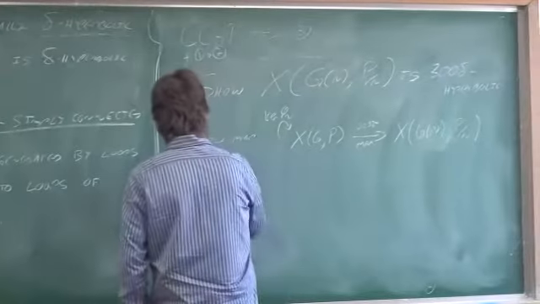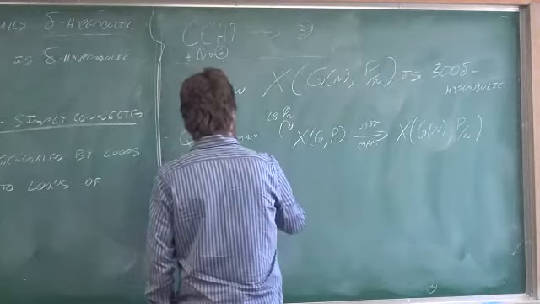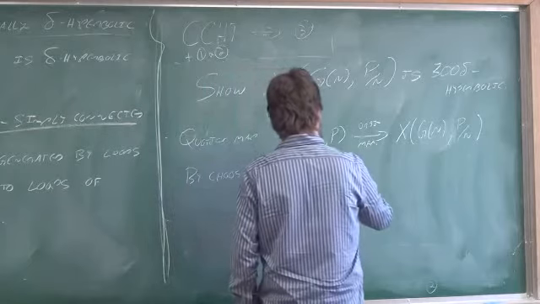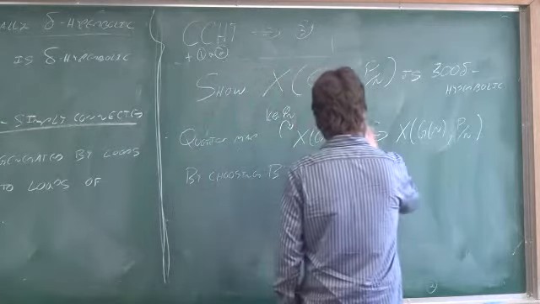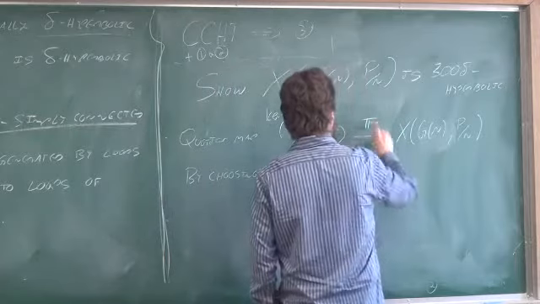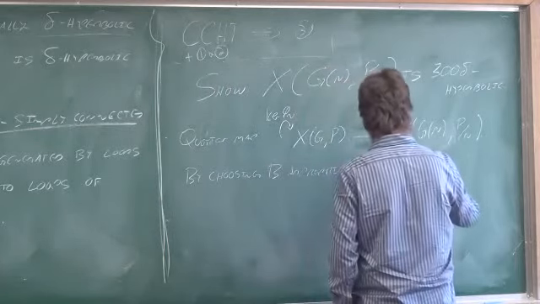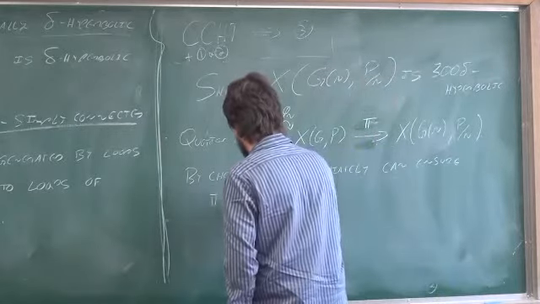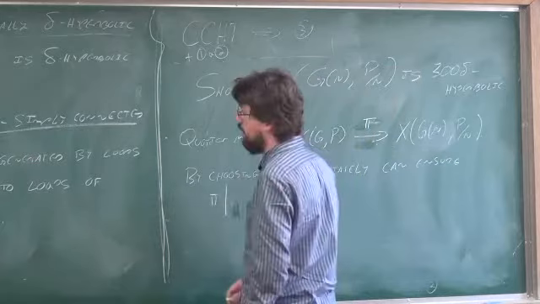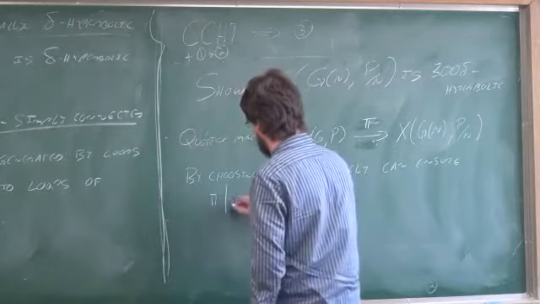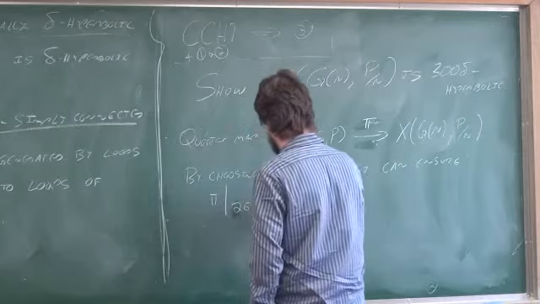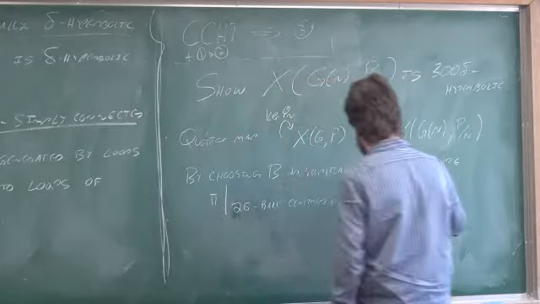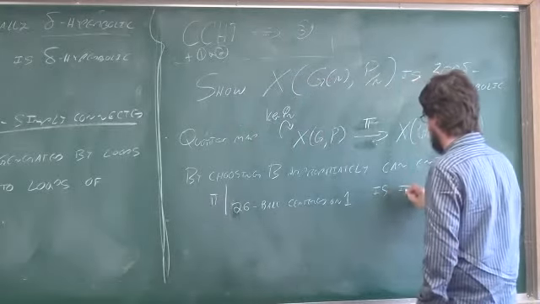So, choosing n appropriately, let me give this map a name. Let's call it pi. I can ensure pi restricted to a large ball, so say how large? I want it to be, say, a 2 sigma ball centered on 1, is injective.